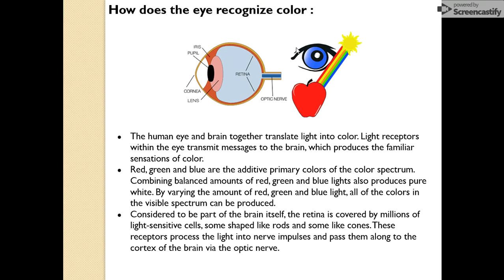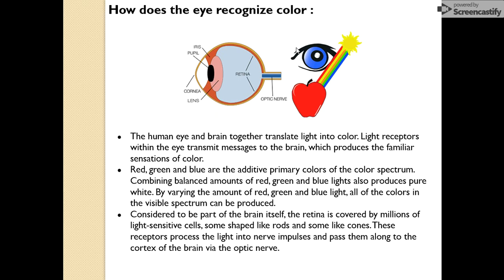Considering an apple, the material of which an apple is made reflects the wavelength of red color. That is why we draw the conclusion that an apple is red.